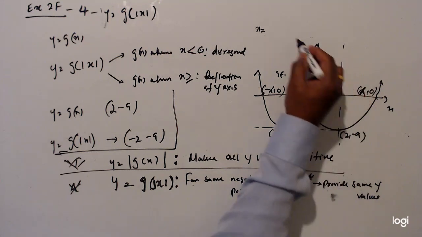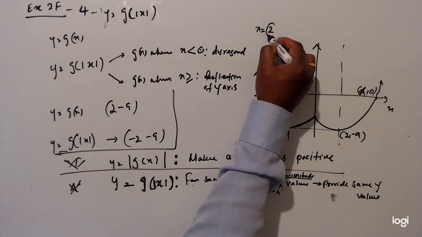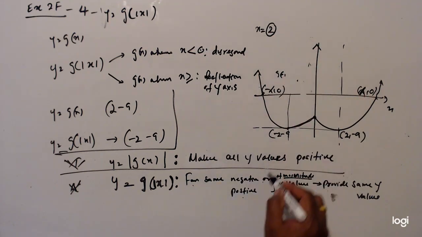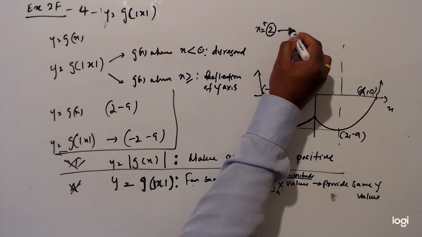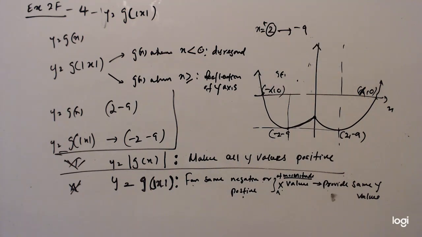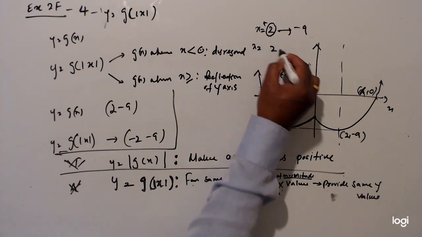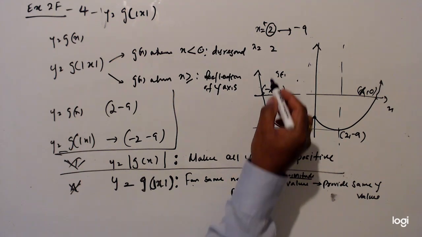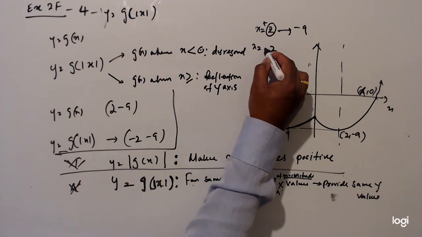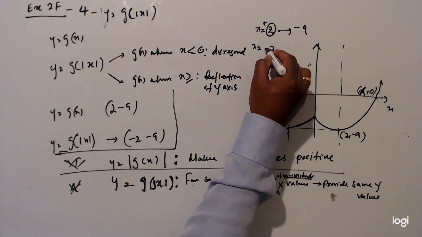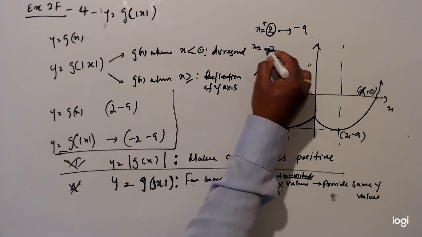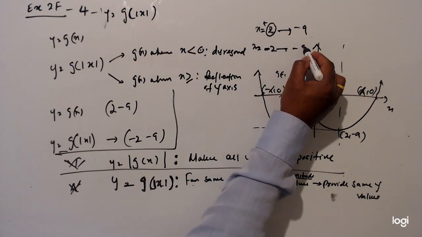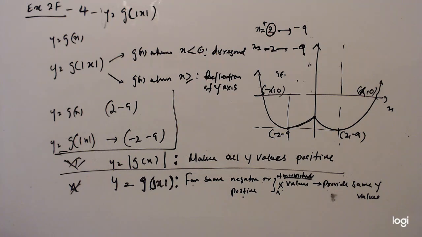So x equal to, the magnitude is 2 and the value is positive, gives the same y, which is minus 9. So the magnitude is 2, and for the same magnitude and only the difference is negative, it gives the same y value, minus 9.